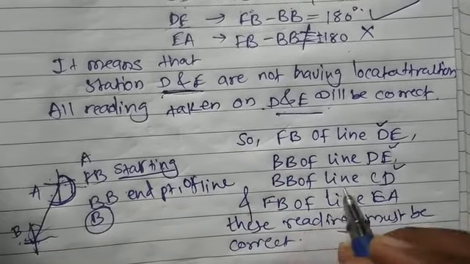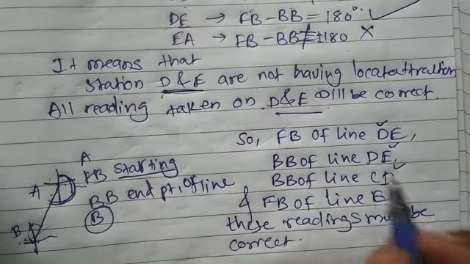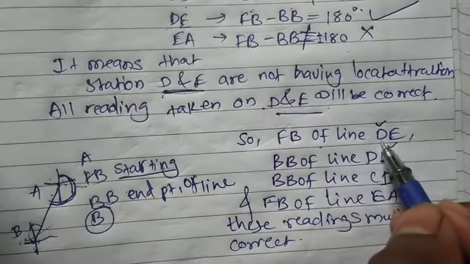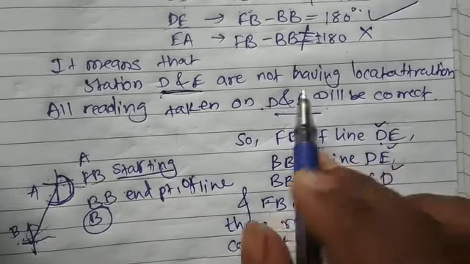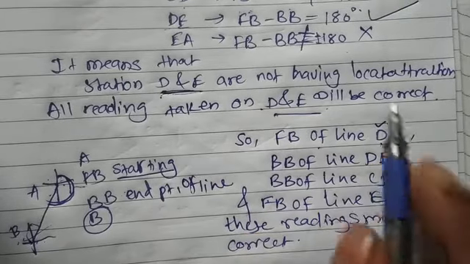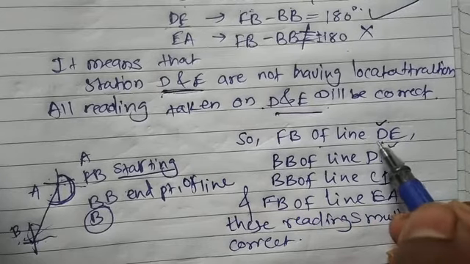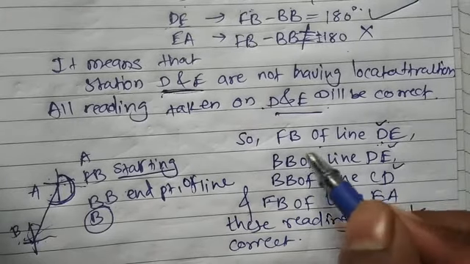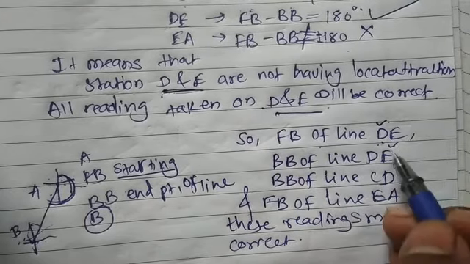Now why will these readings be correct? Because the fore bearing of line DE is taken at D, and we have written that all readings taken at D and E are correct. So the reading taken at D, which is the fore bearing of line DE, will be correct.